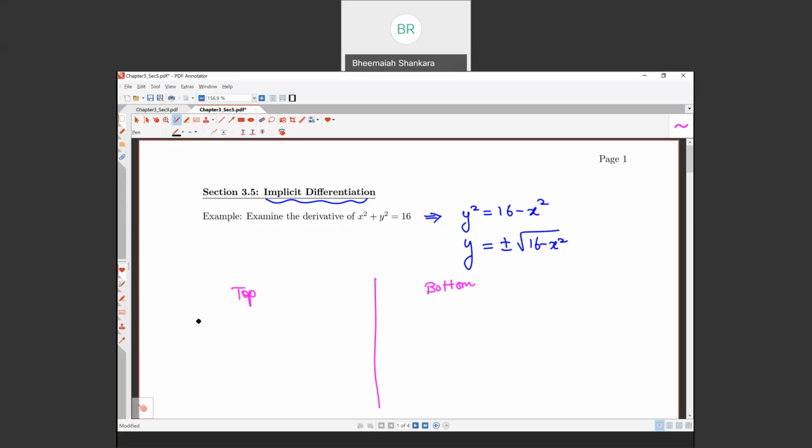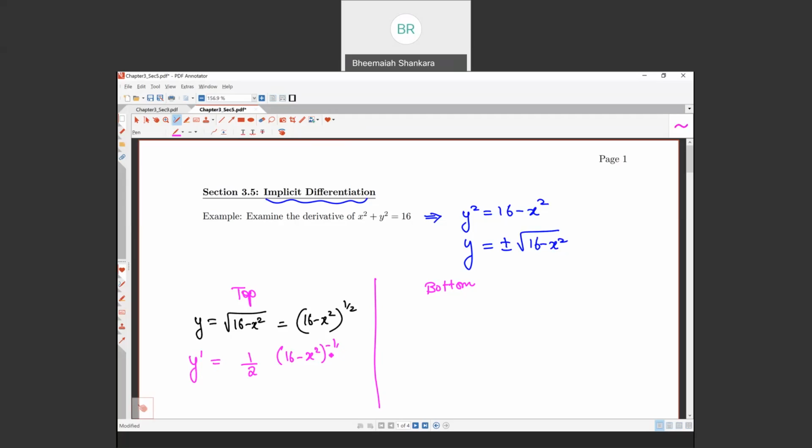So let me write the top part, y equal to the square root of 16 minus x squared. This can be written as 16 minus x squared, and then you have the exponent 1/2. The reason is it's nice and easy to differentiate if the exponent is written in the form of a fraction rather than a radical sign. So you want to write y prime equal to 1/2 times (16 minus x squared) to the negative 1/2.